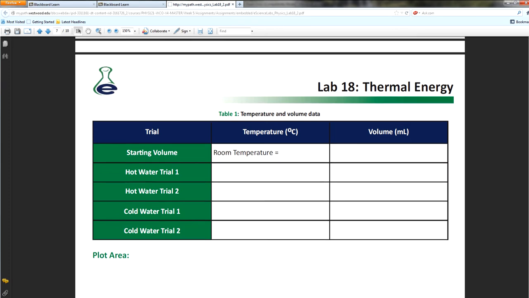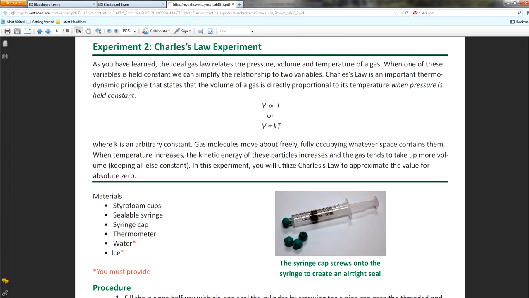Charles' law shows us that the volume and the temperature are directly proportional. So if one changes, the other one will change. So if the temperature is high, then the volume will be high. If the temperature is low, then the volume will be low. So that is one way to look at that.